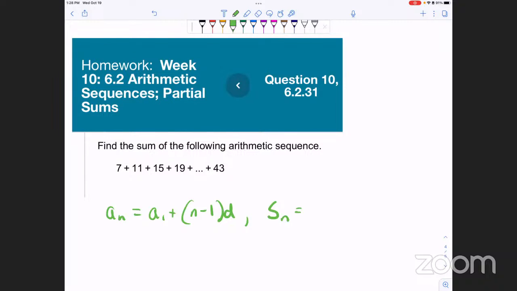I remember that technique. I think it was the first term plus the last term times n all divided by 2. All right, I think that's what we said last time for this.